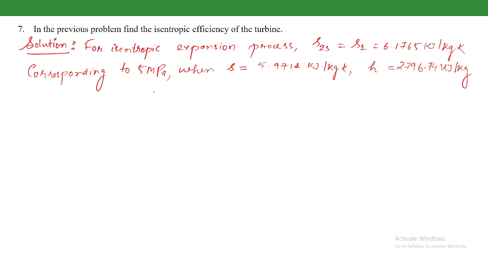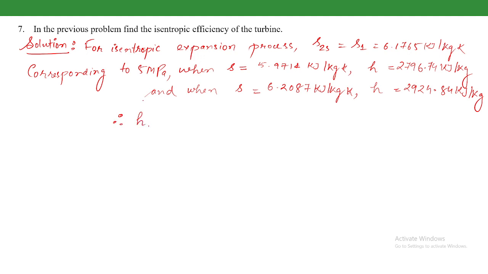And when the entropy is 6.2087, the enthalpy is 2924.84 kilojoule per kg. So this value of entropy lies between these 2 points. So we have to find out the corresponding enthalpy value at 5 megapascal by interpolation.